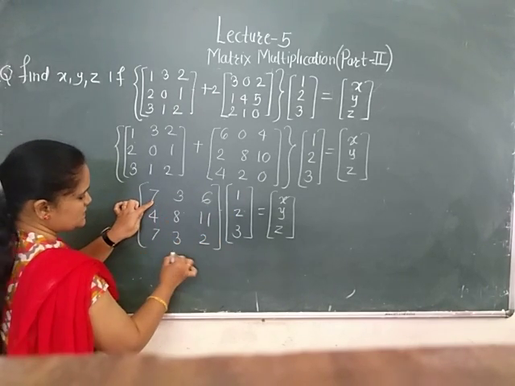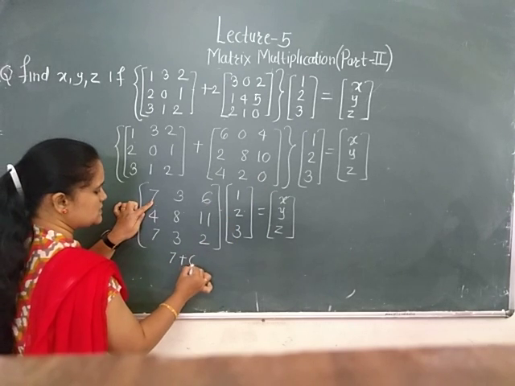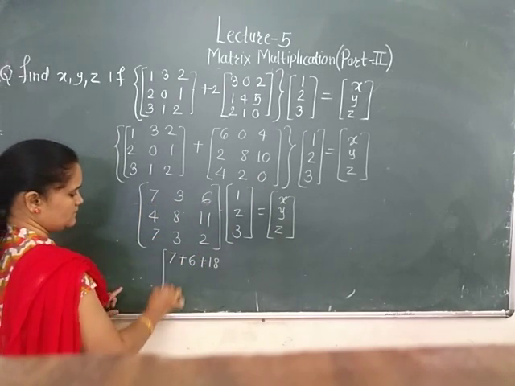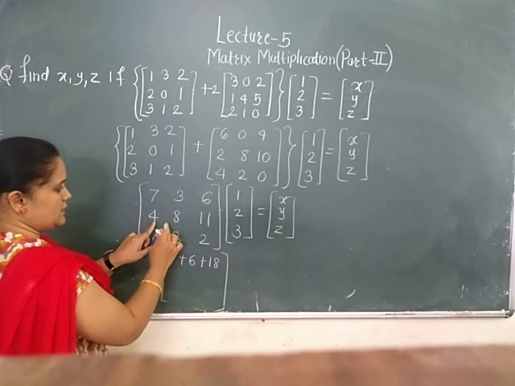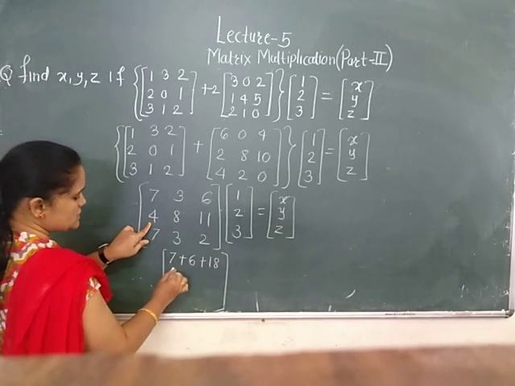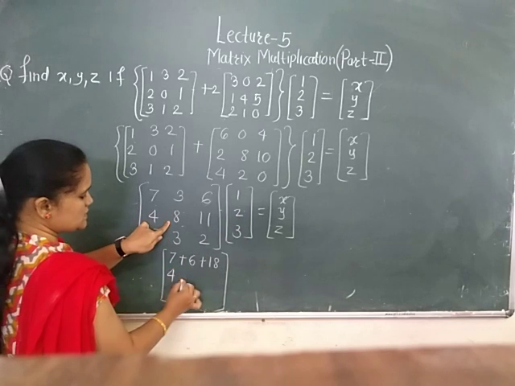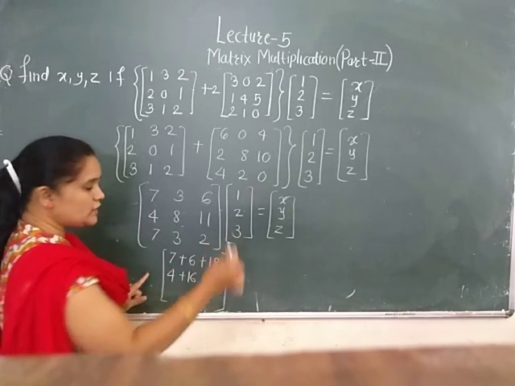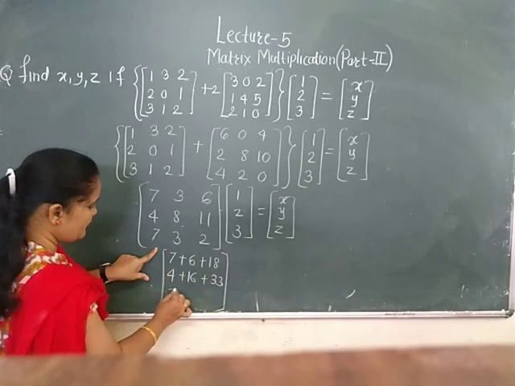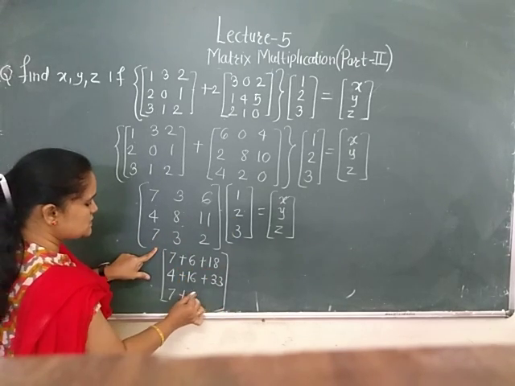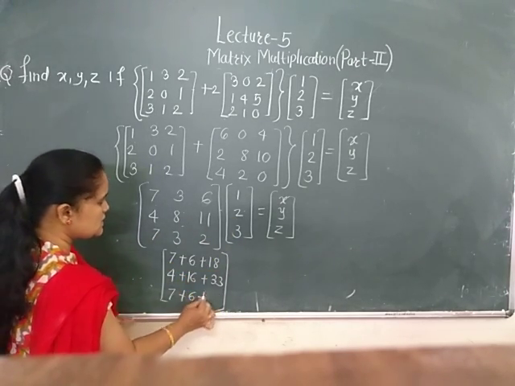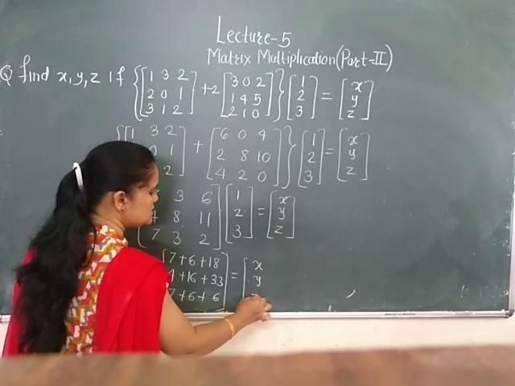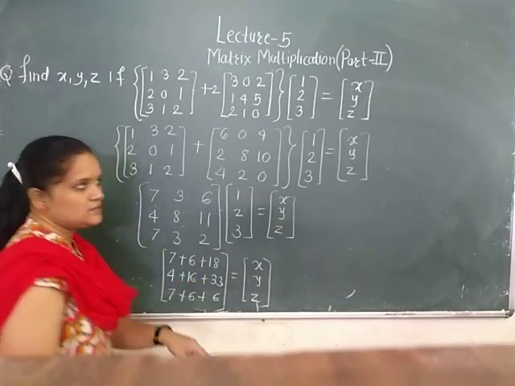So 7 into 1 is 7, plus 3 into 2 is 6, 6 into 3 is 18. Then what will happen ahead? 4 into 1 is 4, plus 8 into 2 is 16. Then it is 33, 11 into 3. Then 7 plus 3 into 2 is 6. 2 into 3 is again 6. Is equal to, we get x, y, z. Now add these three terms.